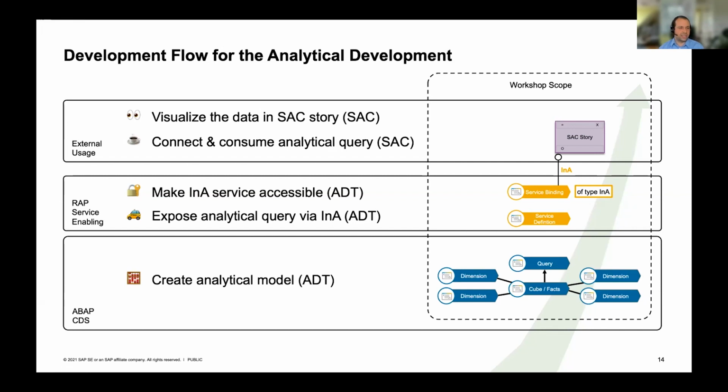So let's have a look at the development flow that we will see now. We will start with developing an analytical model, build several dimensions, a helper view as well, a cube view, and a query. And then we will expose the query in an INA service, make sure that it can be accessed.